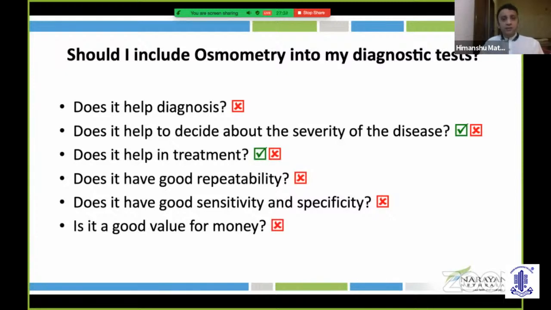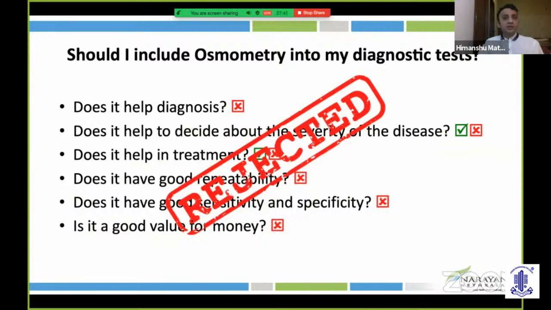Does it have good repeatability? No. Does it have good sensitivity, specificity? No. Does it have good value for money? No. So in that case, possibly this is not the test which I would like to use. So even though DEWS 2 tells us to use osmolarity as one of the very important features, I don't think it's very relevant in our country to use this.